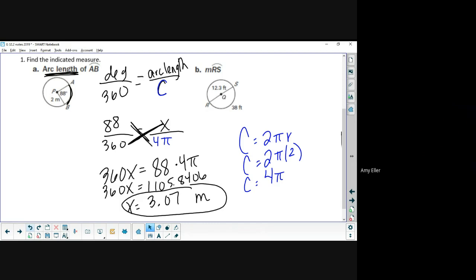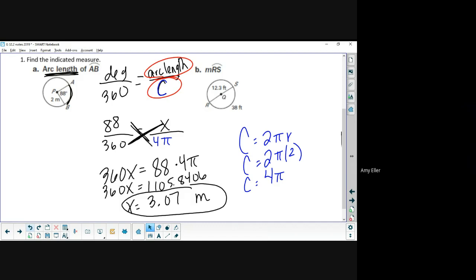So if you ever have two unknowns, like I don't know the arc length and I don't know circumference, likely you'll be able to figure out one and only have one variable. Questions on this one? We're skipping B.